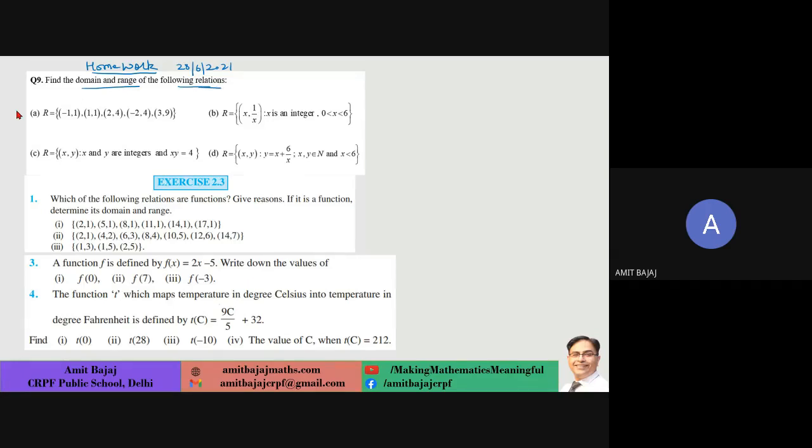We already have considered the idea, so one can easily attempt this question, followed by NCERT exercise 2.3. Hint: use the arrow diagrams, and then you can easily make a judgment whether it is a function or not.